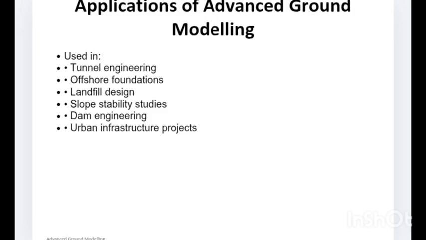When you build a ground model, you can have an idea of all of these things, which helps you make better decisions. Another is offshore foundations, used in oil platforms, wind turbines, and coastal structures. Marine sediments are often highly variable, so we need ground modeling for such. You can see why we cannot just ignore ground modeling.